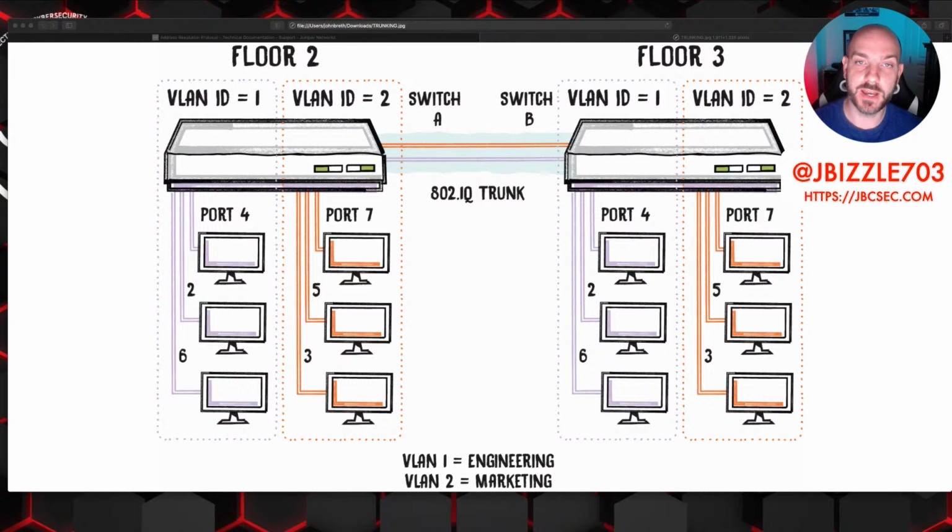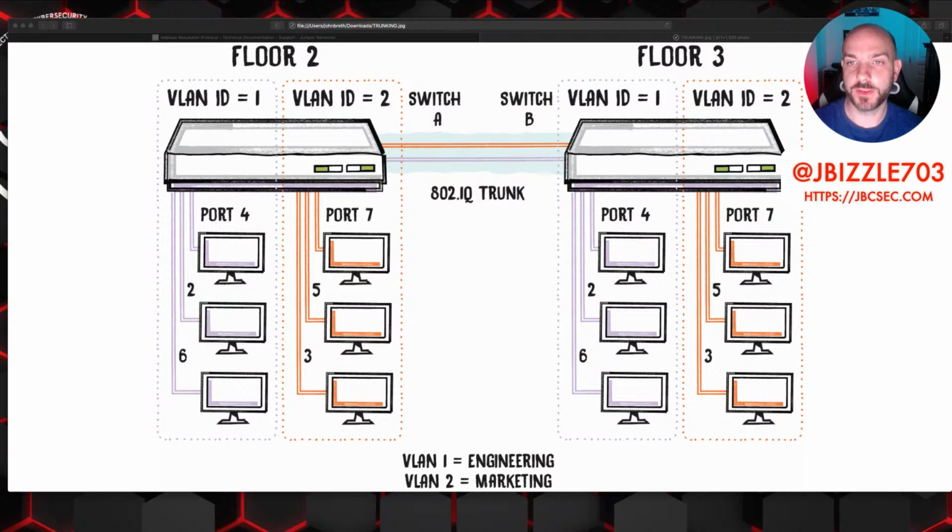Now, another thing that we can do to scale this even further is use something called trunking, which allows us to connect multiple layer 2 devices with each other and have those VLANs exist on those different devices and communicate back and forth across trunk links.